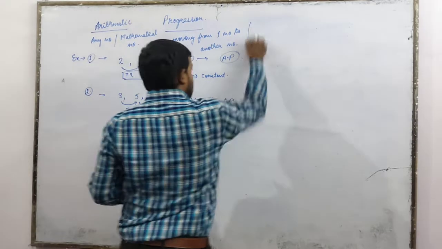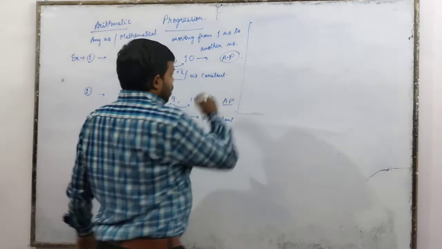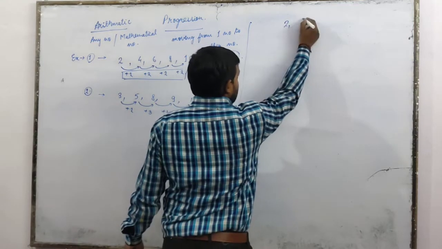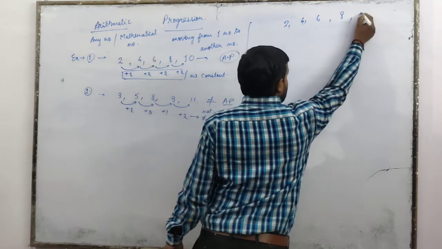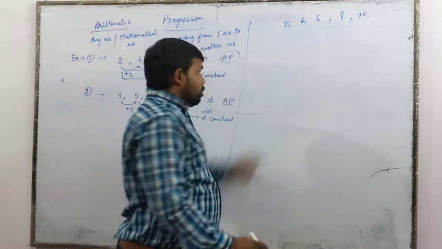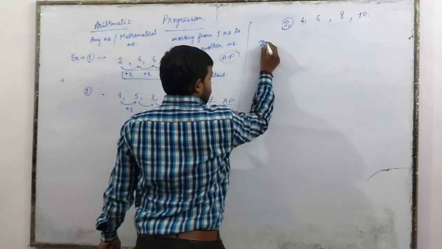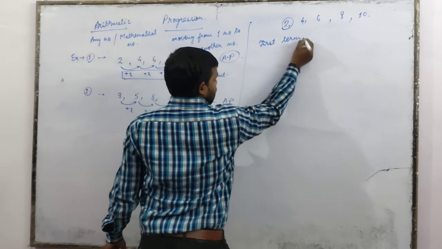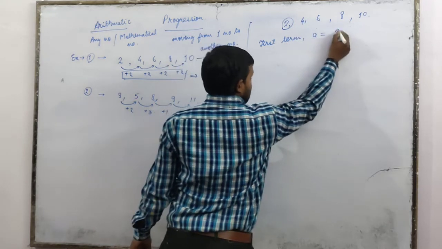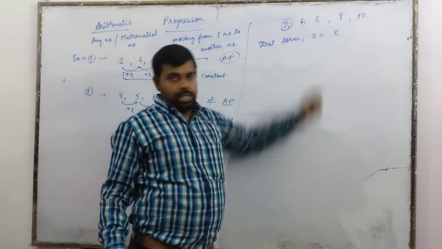Again we'll move with another example and we'll understand the other basics of this AP. The first example we have taken is 2, 4, 6, 8 and 10. The first number, that is 2, is denoted or used as A in AP. The first number is denoted as A, which is 2 here.